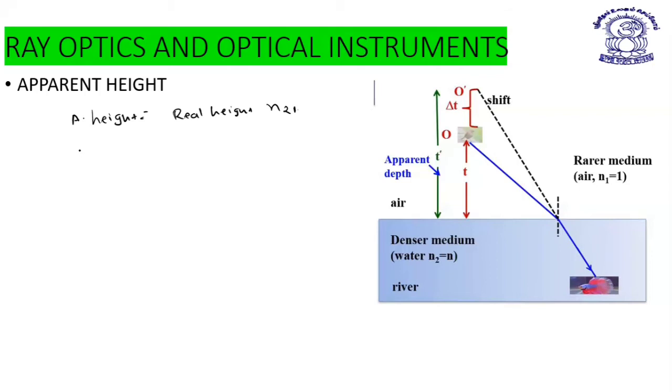Again, here N2 is the refractive index of the denser medium and N1 is the refractive index of the rarer medium. And the apparent shift will be real height minus apparent height.